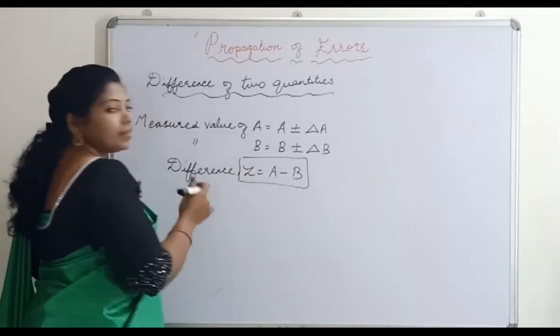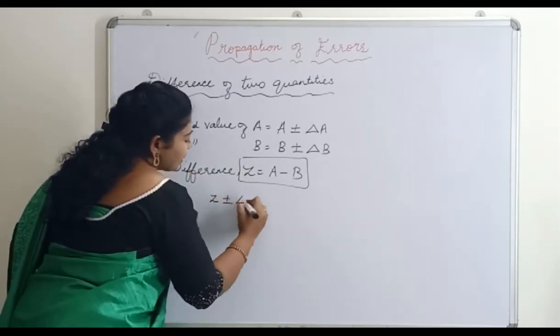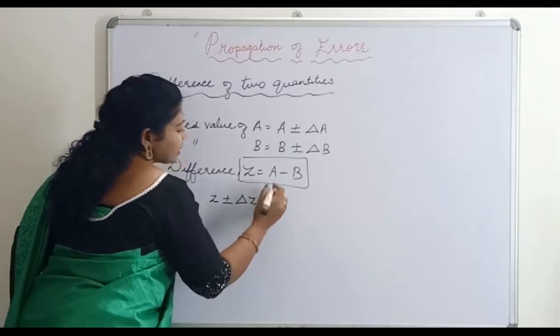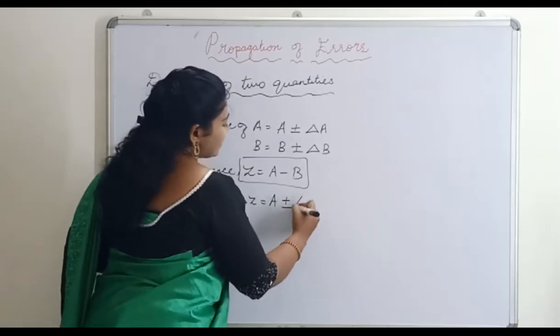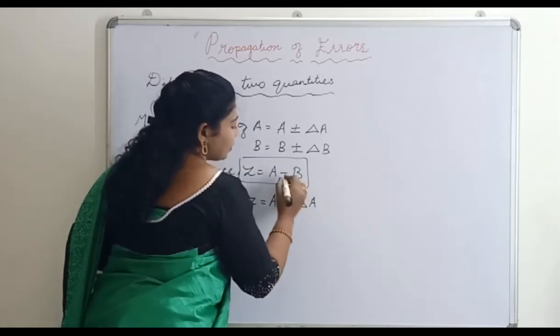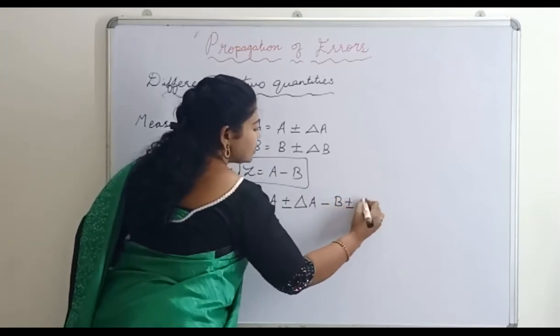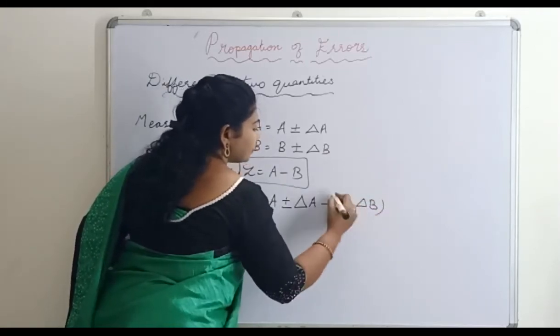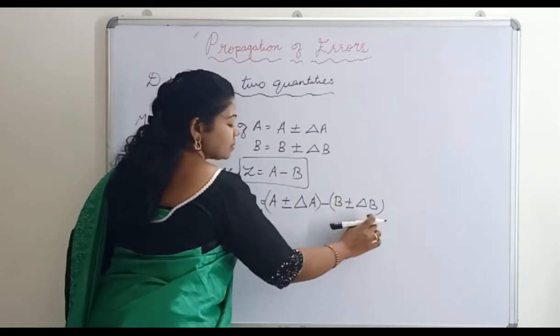So how can we write this Z? Z plus or minus delta Z is equal to A plus or minus delta A, minus B plus or minus delta B.